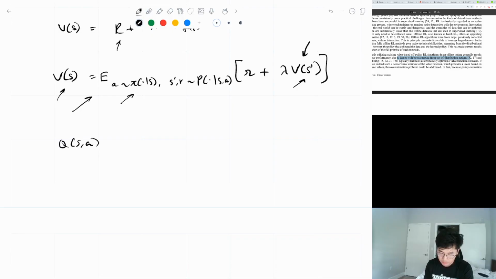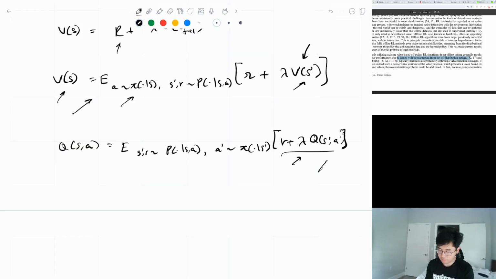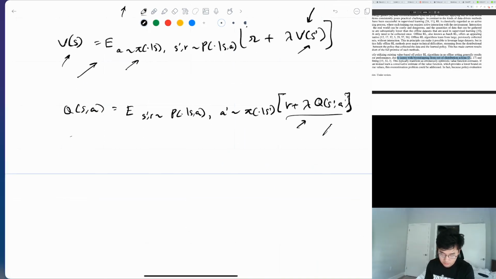So Q(s,a) is the expectation over s prime and r sampled from p(s,a), and a prime sampled from pi(s prime), of r plus gamma Q of s prime, a prime. You already know your action. What is the reward that you're going to get? What is the new state? And then what's the new action that your policy will tell you to take? And you get this term. So this is the Bellman expectation equation.